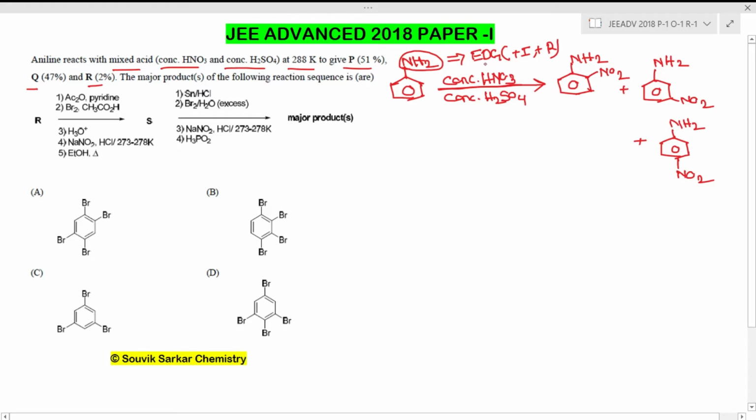So we know that for an electron donating group, the electrophilic substitution generally occurs preferentially at ortho position and para position compared to meta position. But here, when we treat aniline with concentrated HNO3 or H2SO4, it forms the anilinium ion.